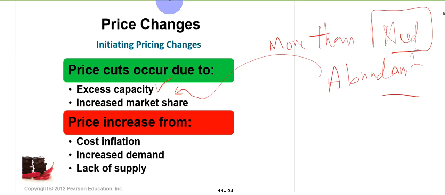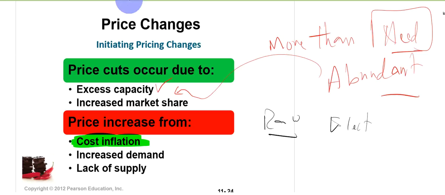Then why and when do we have to increase the pricing? Number one, when there is cost inflation. For example, if the raw material is expensive, if the electricity is expensive, then definitely our cost will be higher.